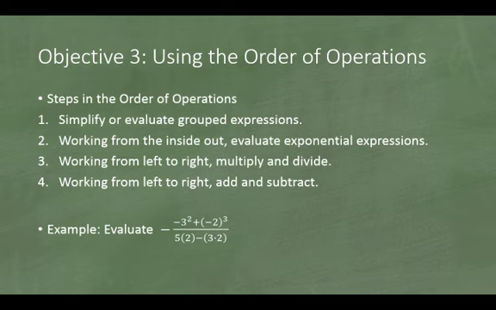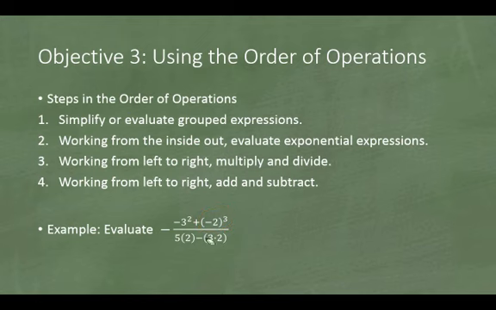Objective 3, using the order of operations. The following are some important steps in the order of operations. First, you'll always want to simplify or evaluate grouped expressions. So in this example down here, the negative 2 cubed is grouped together, so you'll want to do that first.